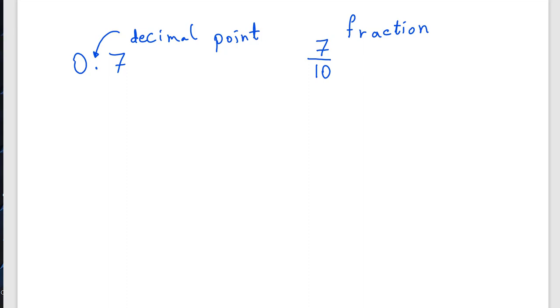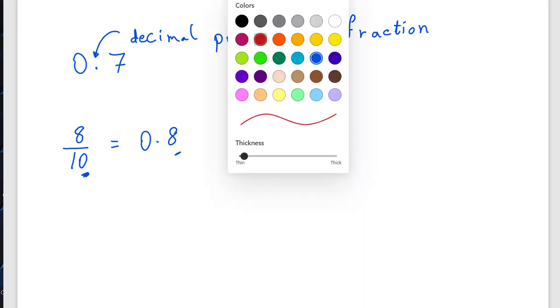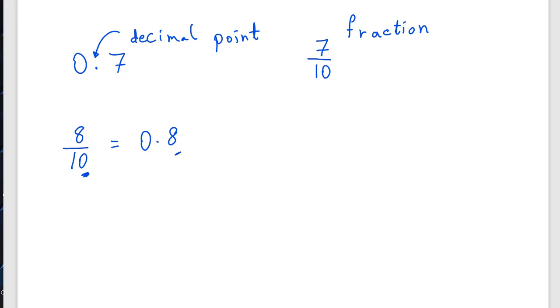Okay, let's see another one. If we have 8 tenths and we need to write this as a decimal, so we'll write 0.8. Place the point after one digit from the right. So if we have 10 here, we have one digit to the right of the decimal point. Okay, so what if we have 100 like this one?